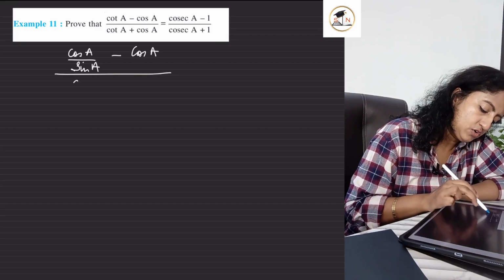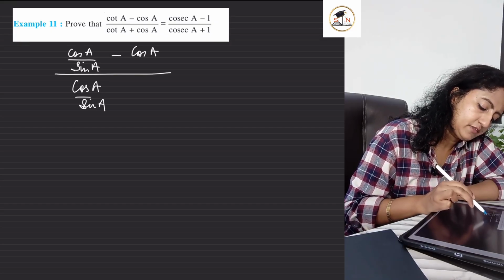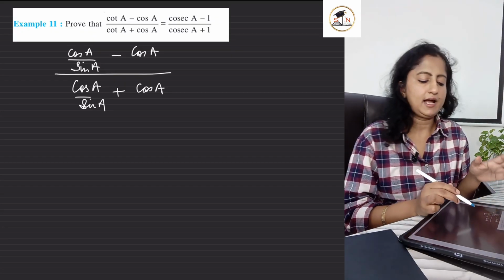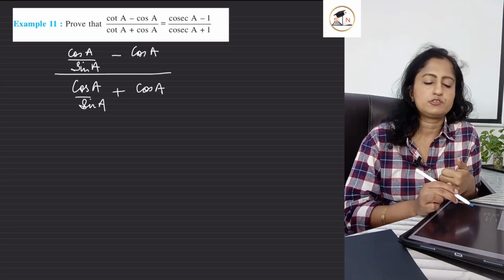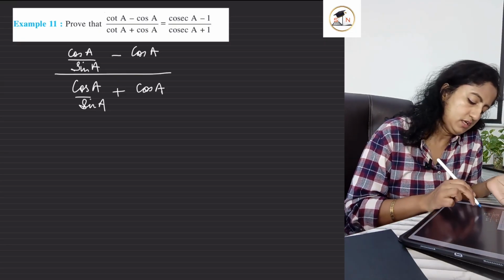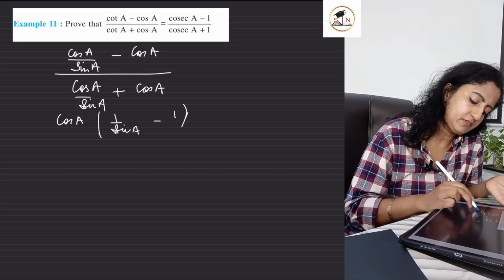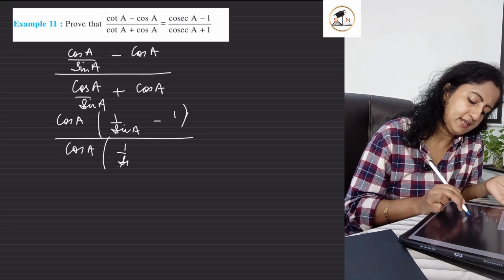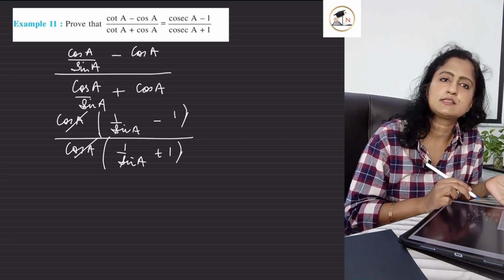over cos A over sine A plus cos A. What I can see, I have got cos A as a common factor in numerator and denominator also. So I'm going to take that out. I'm left with 1 by sin A minus 1 over 1 by sin A plus 1. So this cos A and cos A got cancelled, right?